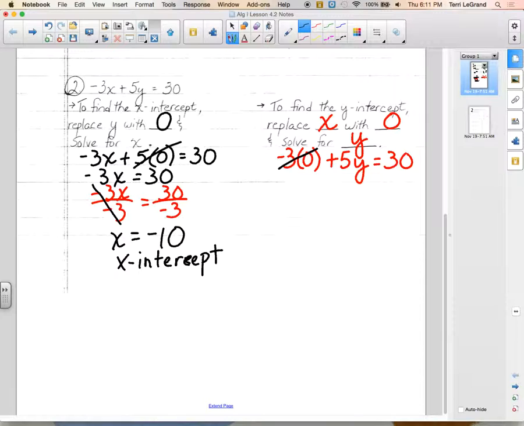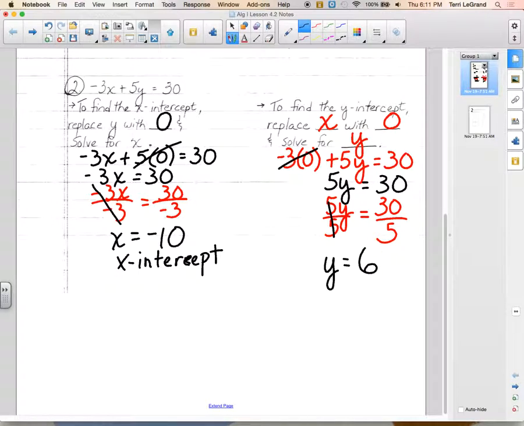This is going to become 0. 0 added to our 5y. We can just say it's 5y equals 30. Now we'll divide both sides by 5 to get that y alone. And we will see that our y value is 6, which means our y-intercept is 6.